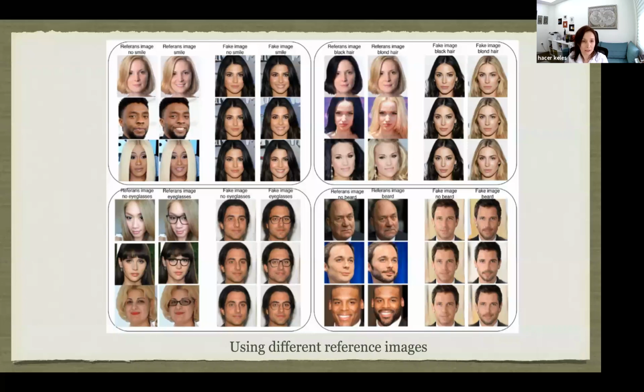On the left side there are different reference images, and we computed the directions as we explained, and then edited the given image in the left column on the right-hand side in that direction.